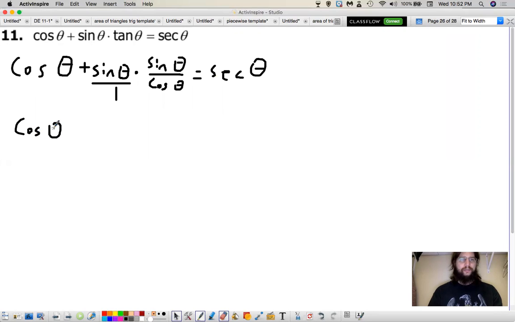Cosine of theta plus sine squared of theta. Okay, I see what we can do, over cosine of theta. One. I see something else we could do that would be easier. Cool. Equals secant of theta.